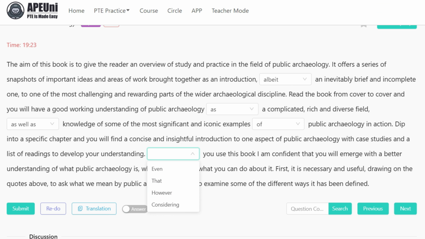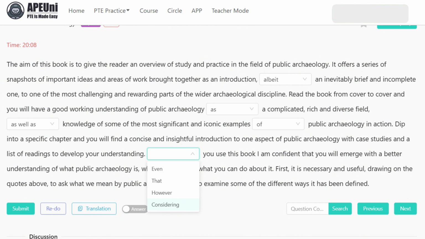Next one is however. However introduces contrast, acknowledging that while the book offers different approaches, readers will still gain a solid understanding. However difficult the challenge may be, persistence will lead to success. So it is a right option for this blank. Let's move to the next one to see why considering is not chosen.